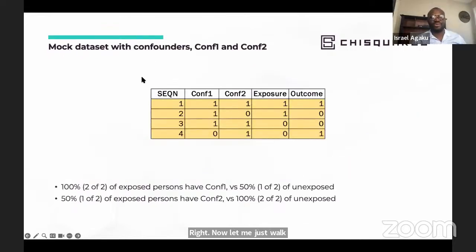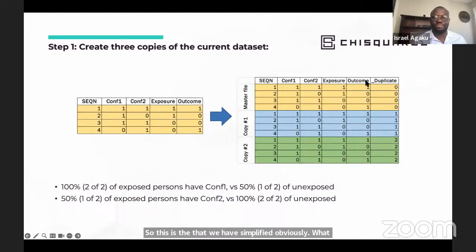So this is the data set we have. This is the ID of the individuals. This is confounder 1. This is confounder 2. This is the exposure variable, and this is the outcome variable. So this is the data set we have, simplified, obviously. What we're going to do is create 2 copies of the data set. So this is copy number 1. This is copy number 2.